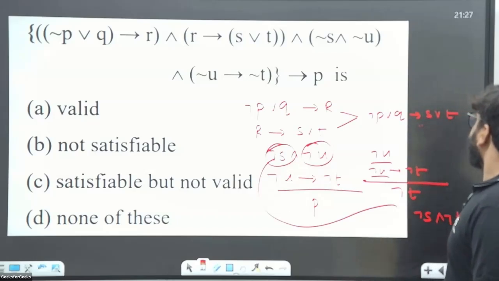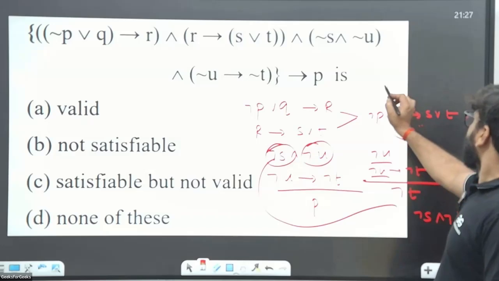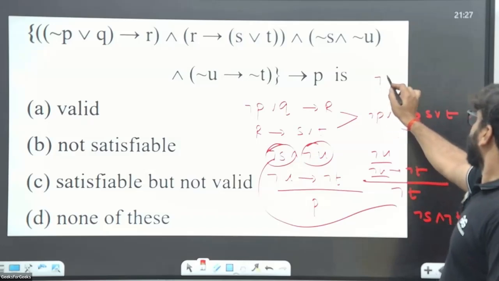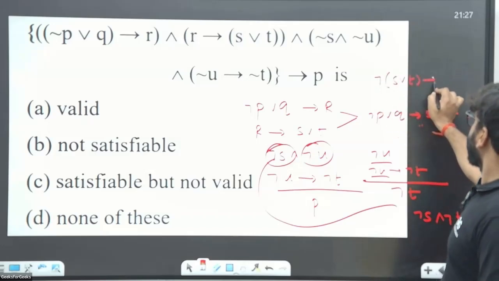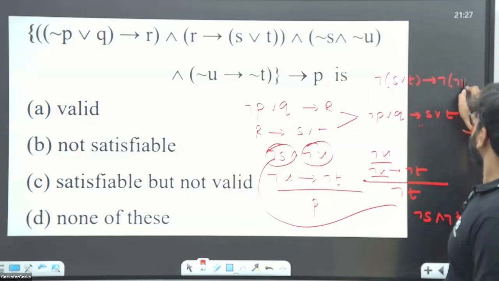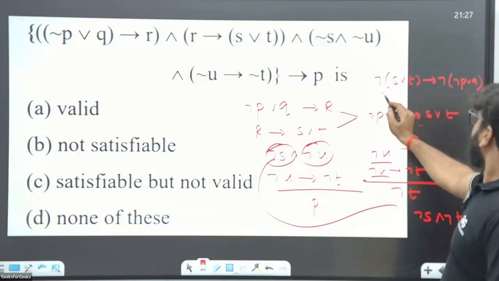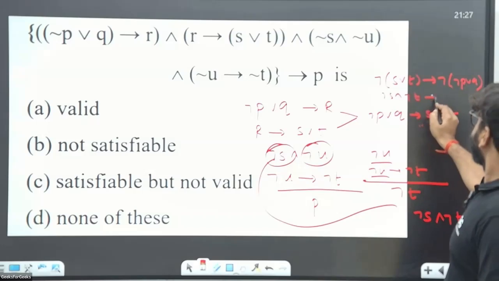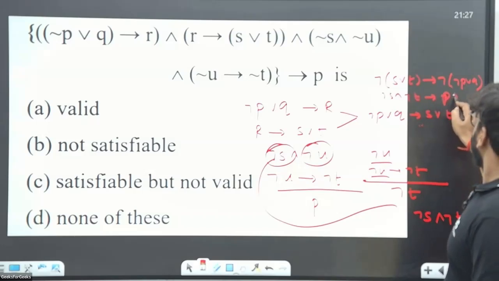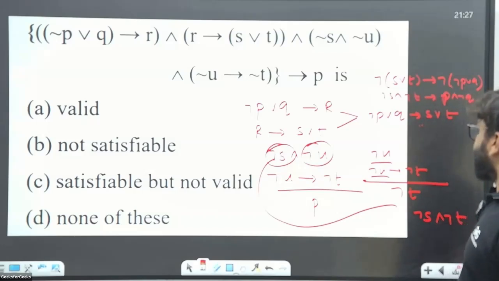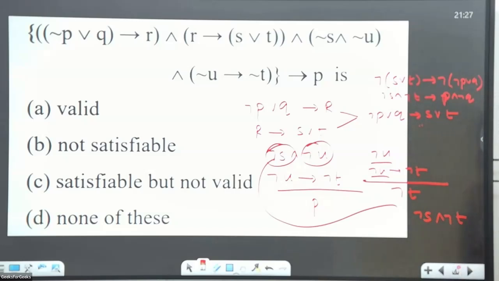Use the contrapositive. Negation of S or T implies negation of P or Q. You will get P and negation of Q. Did you understand till now? Yes, sir.